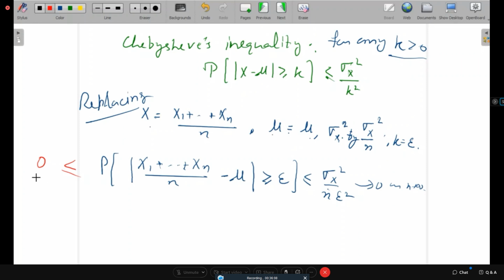The left-hand side tends to 0 and the right-hand side tends to 0, so this also tends to 0. Don't forget that we are indirectly using the sandwich theorem. So in the long run the sample mean will converge to the original mean.